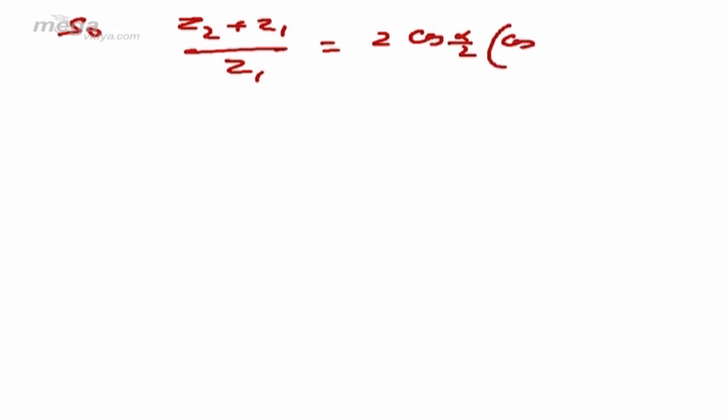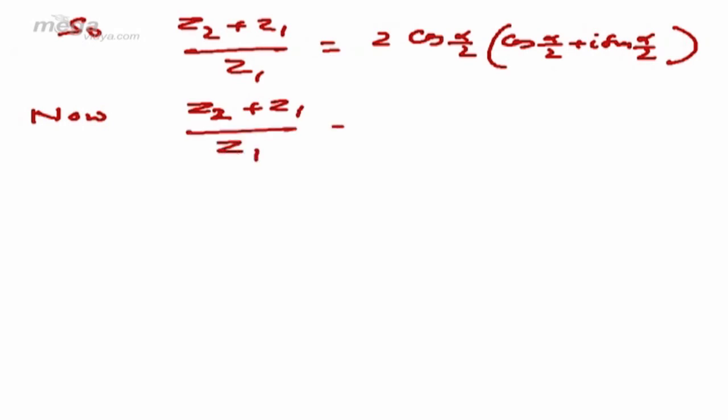So (Z2 plus Z1) divided by Z1 is equal to, if you take common 2 cos alpha by 2, it will become cos alpha by 2 plus i sin alpha by 2. Now you can write (Z2 plus Z1) divided by Z1 is equal to 2 cos alpha by 2 into e to the power i alpha by 2.